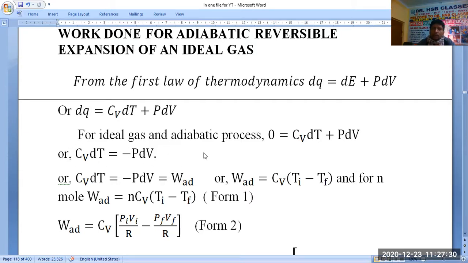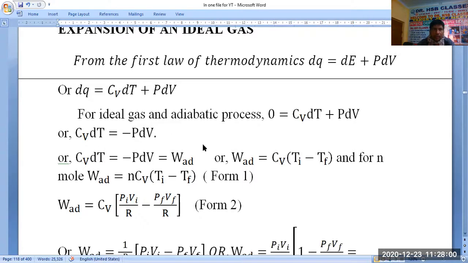Though pdV we have always seen to be a path function, here dE equal to minus pdV, so work done. dE is a state function, hence for the adiabatic process the work done is a state function, not a path function. This is very important for your information and for your exam purpose.